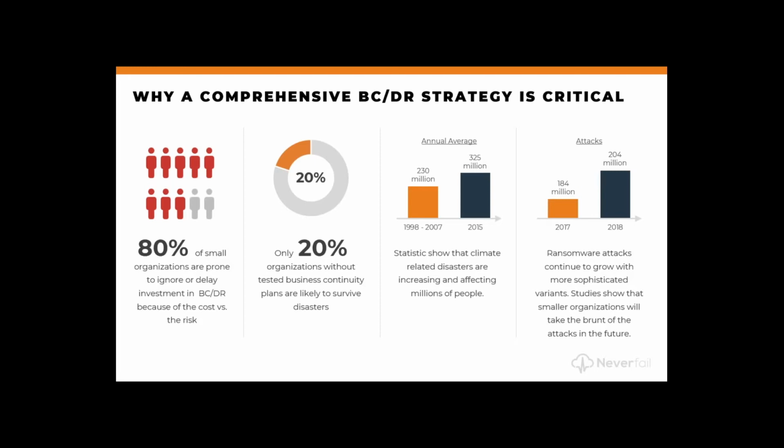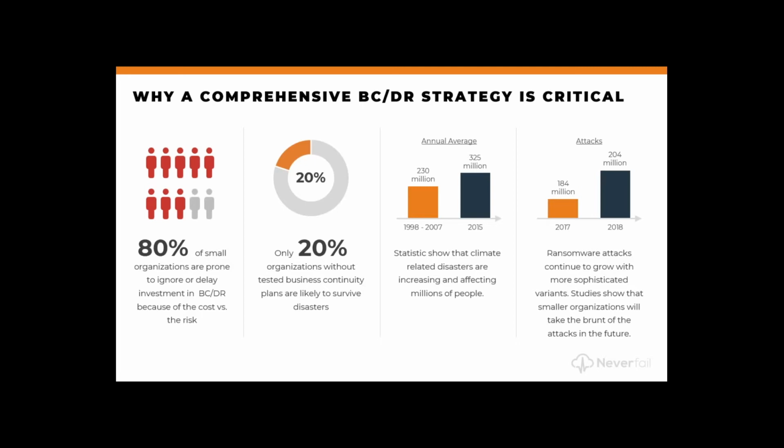The annual losses are staggering, right? Statistics show that climate change related disasters are increasing and affecting millions and millions of people. So you think about the displacement of businesses and different types of jobs.